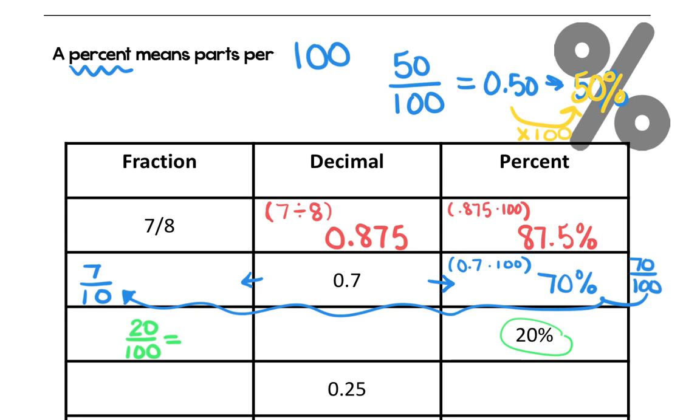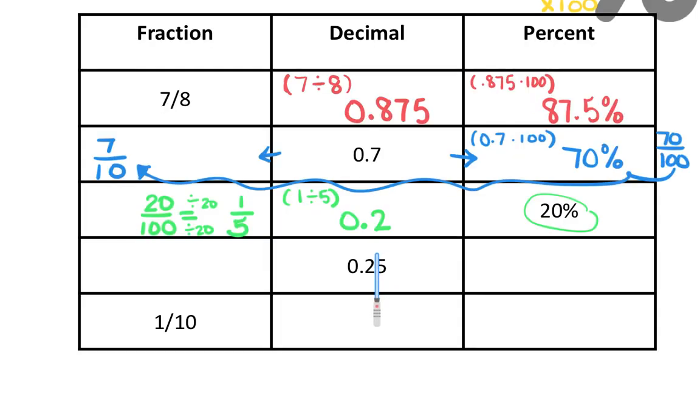You can plug this into your calculator, or in this case, we can divide the numerator and the denominator by 20. That gives us 1/5. And then to get the decimal, we're going to take 1 and divide it by 5 to give us 0.2.